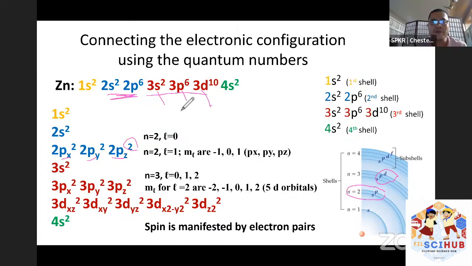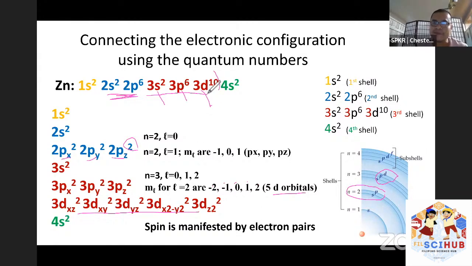And then, kung gusto nating i-expand ito, say for example, just looking at yung d, okay, bakit nga ba d10 ito? Okay, because m sub l for l equals 2 are negative 2, negative 1, 0, 1, and 2, 1, 2, 3, 4, 5, limang orbitals, okay? Ayan, yung mga limang uri ng d orbitals. Okay? Limang uri times 2.